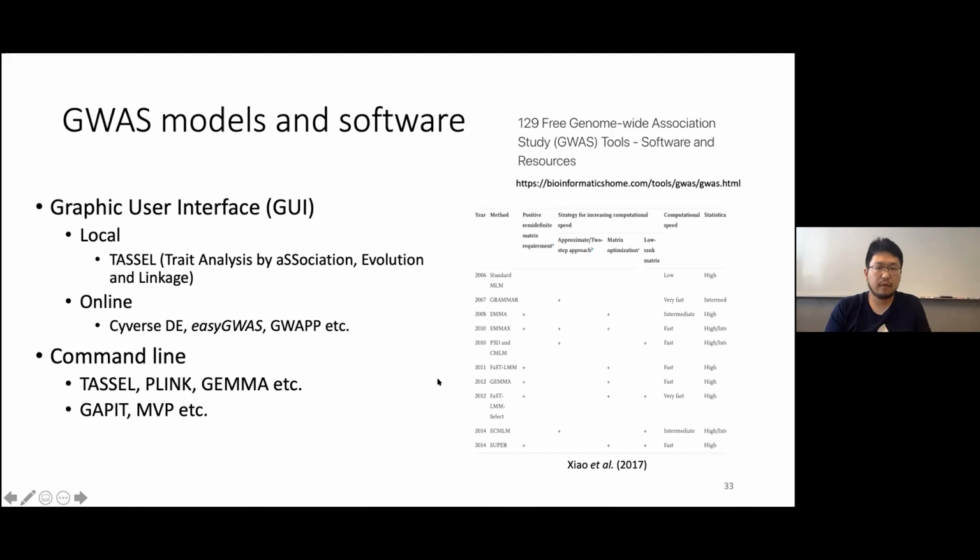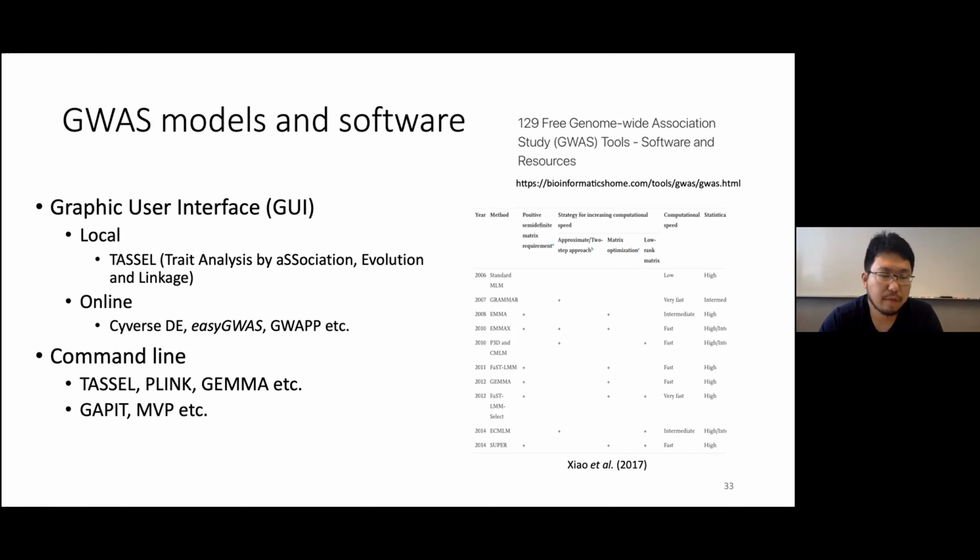And then there is the choice of GWAS model and software. There are really over 100 free software and tools to conduct GWAS with, and there are also multiple choices of models. There are several factors you should consider when you choose. Are you familiar with the command line, or are you more familiar with a graphical user interface?